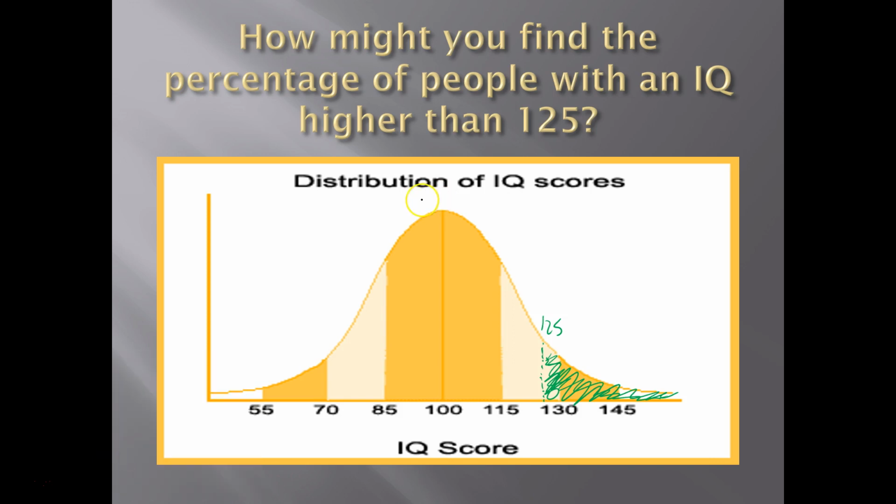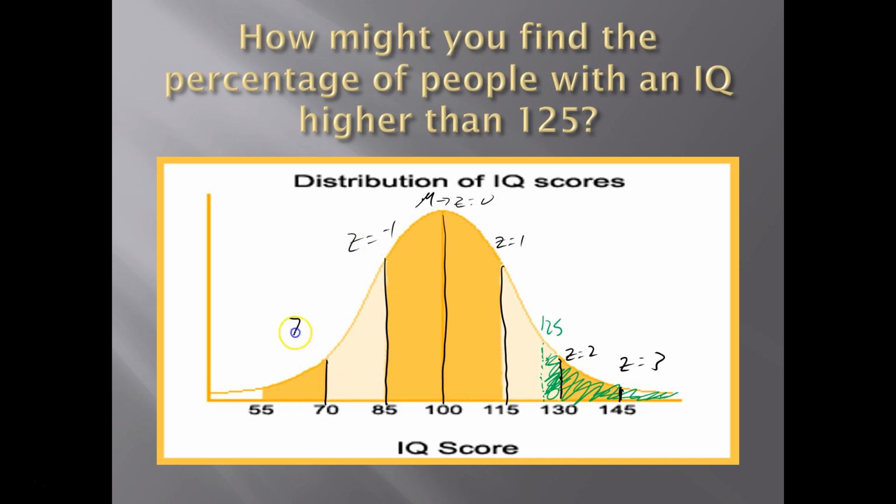This is the mean, and at the mean, the z-score is 0. Here my z-score is +1. Right here, +2. Right here, +3. Down here, my z-score is -1. Here, -2. Here, -3.